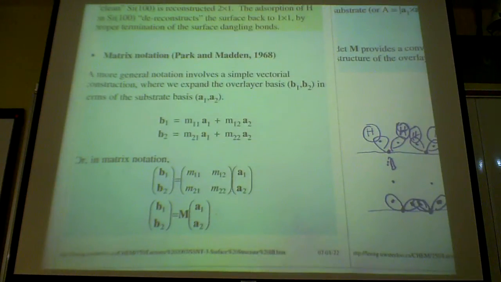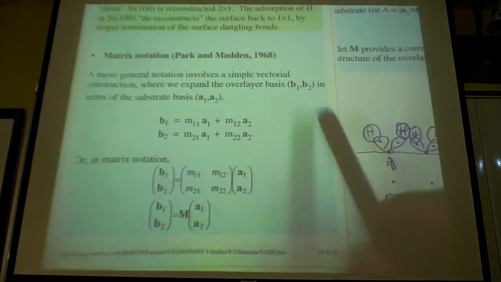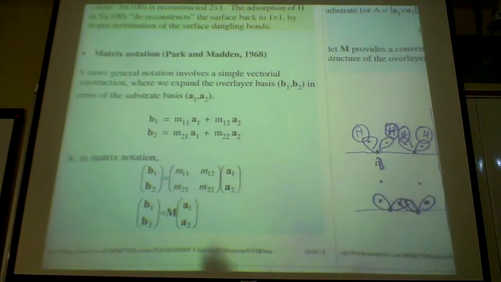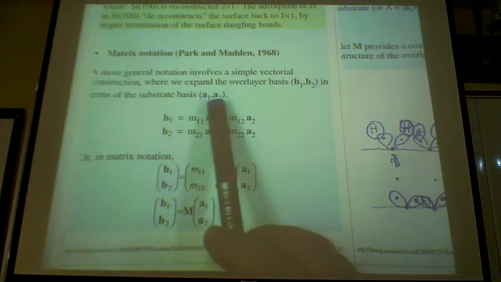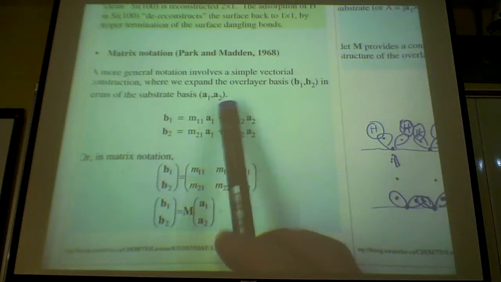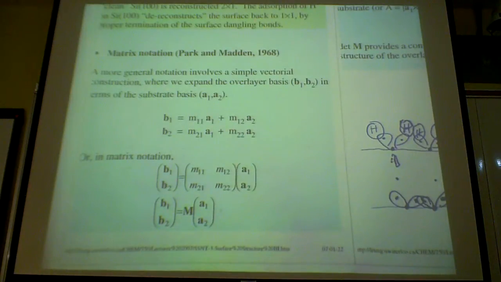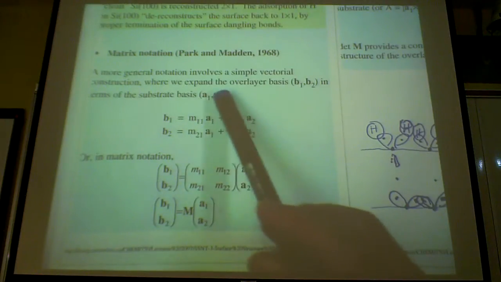This is a more general notation involving just vector algebra, really. So you treat your overlayer basis set, right? We use this jargon, B1, B2 as a vector basis, and your substrate basis A1, A2, and you can imagine that I can have some sort of transformation starting with this A1, A2.